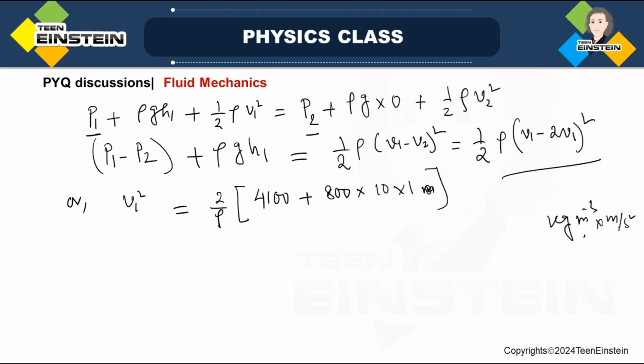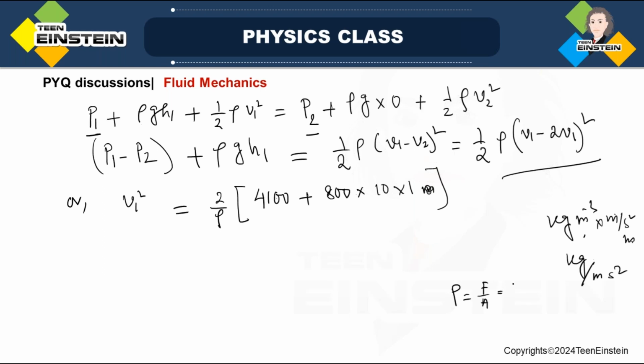So 1 meter, then what do I get in the unit? See, this is kg, this is meter, meter, meter square, so this will be kg per meter per second square. We know pressure is actually force by area.